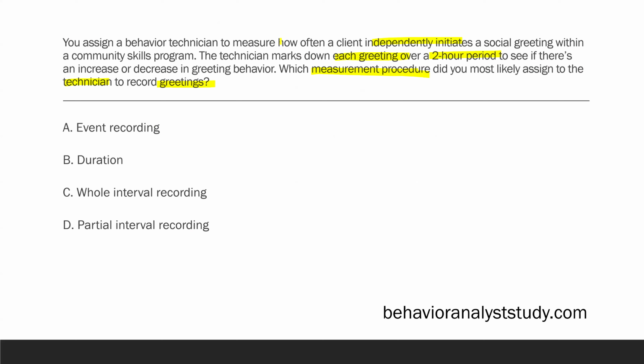And so if you want to know how often someone is initiating a social greeting, you're going to count how many times it occurs, right? We're not measuring how long something is happening. We're measuring how often. So to do that, you're going to be using event recording, or in this case, you've assigned the technician an event recording procedure.